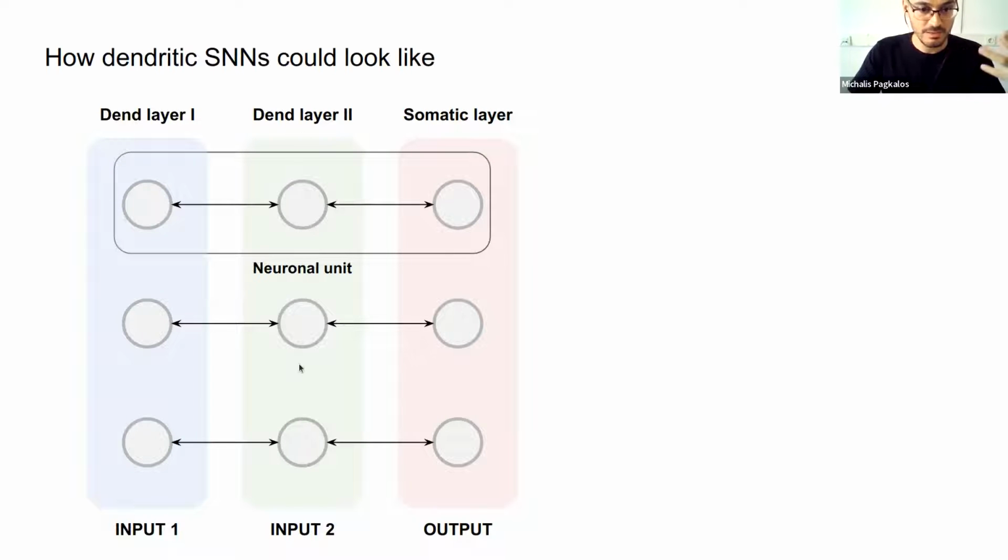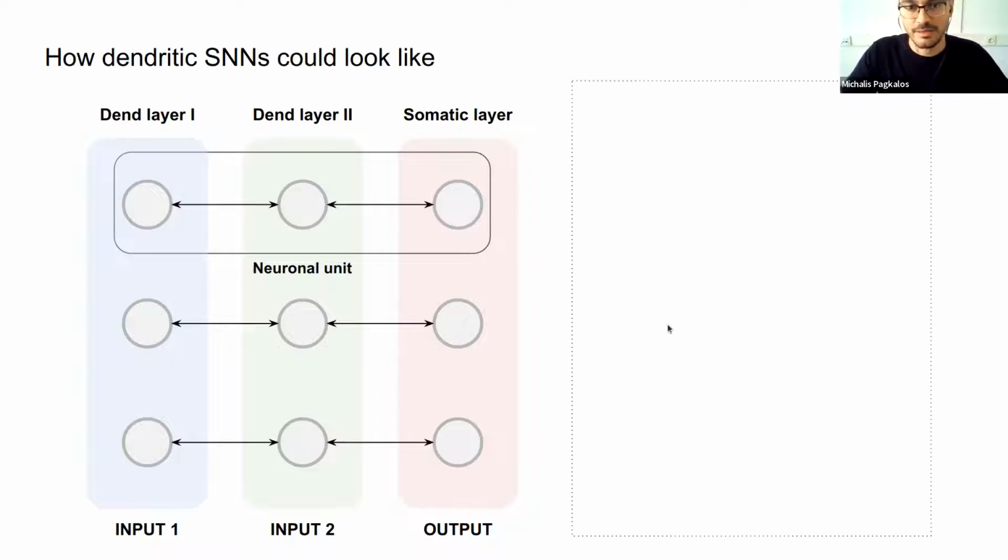All together, they can create 2 extra dendritic layers. So instead of having a single layer representing 1 neuron, now you can have 3 different layers, where the compartments of a unit extend in all these layers.